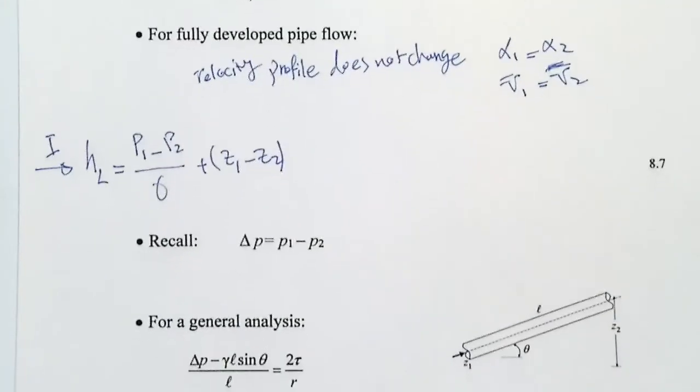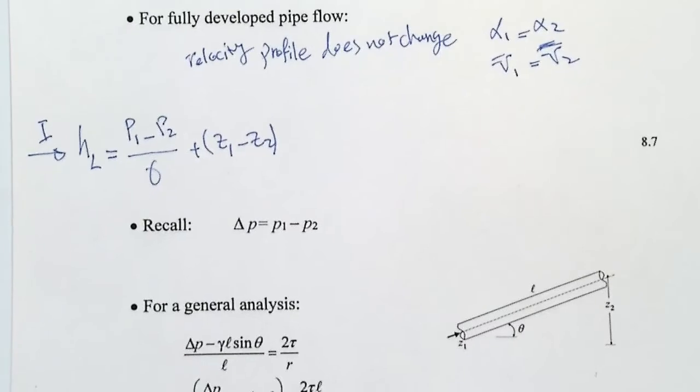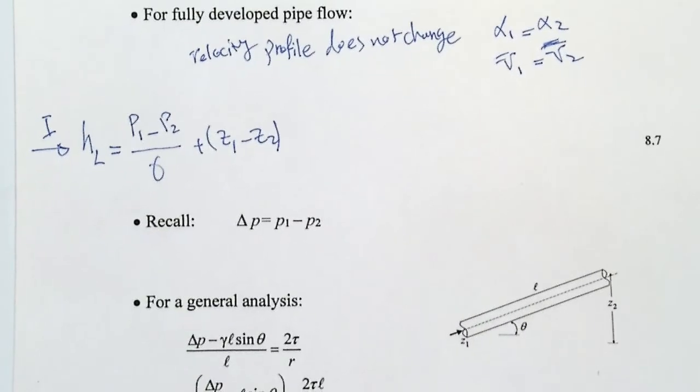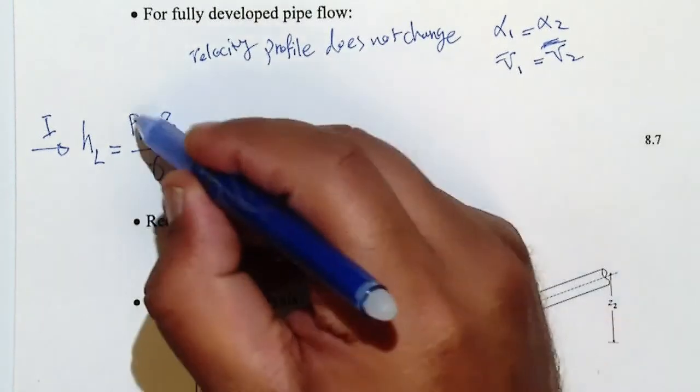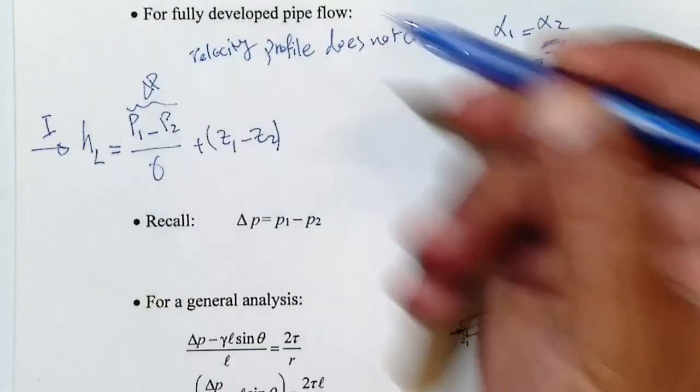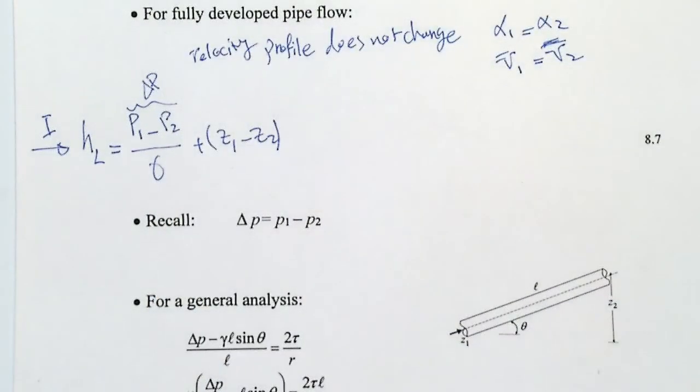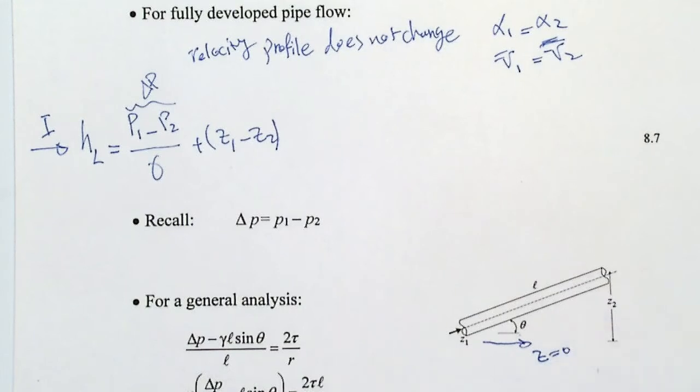So if you have a pipe like this, you can first replace this part with delta P, because P1 minus P2 is going to be delta P. And also, if you put your Z equal to 0 at Z1, then Z2 is going to be L sine of theta, right?